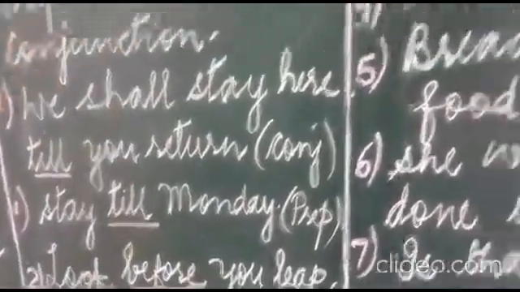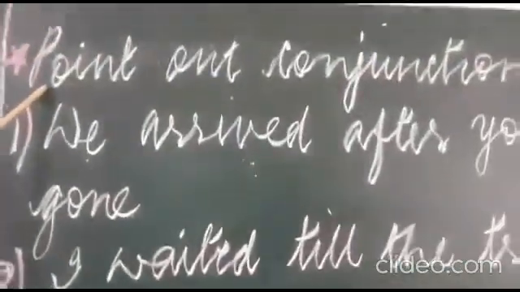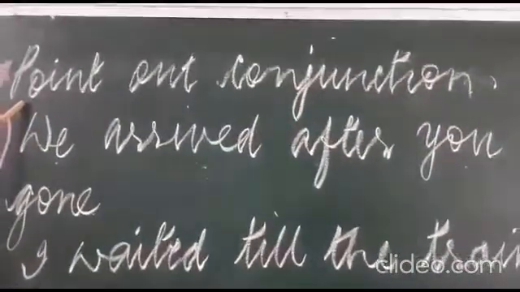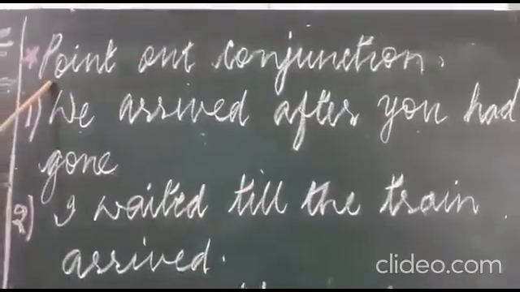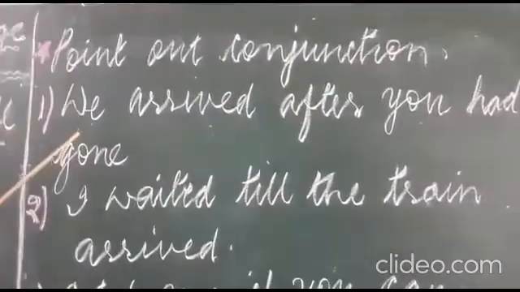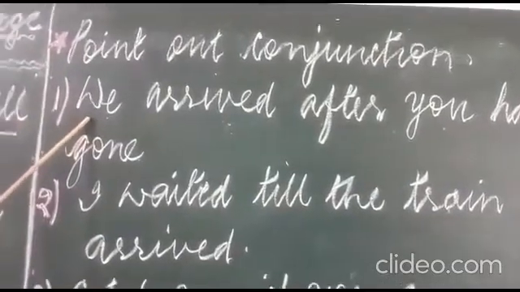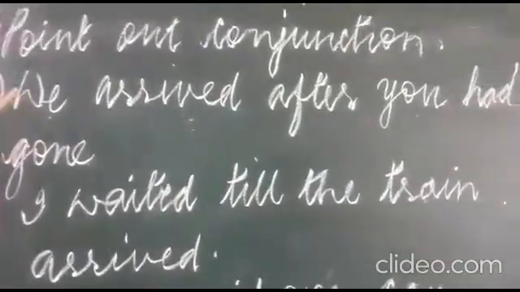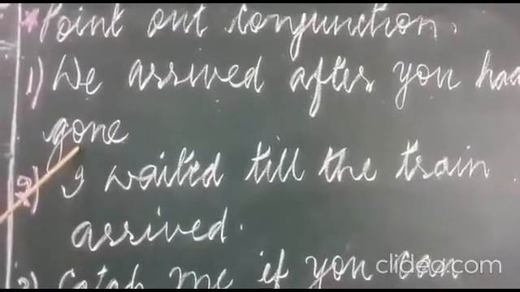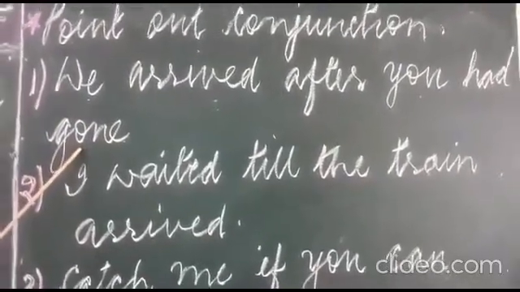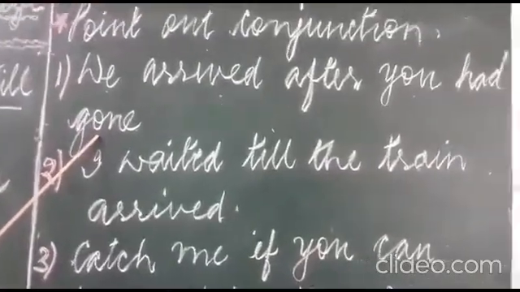Right? Now, next point. Point out conjunction. In these sentences, you have to find conjunctions. First one. We arrived after you had gone. Find the conjunction in this. You know, where is the conjunction?